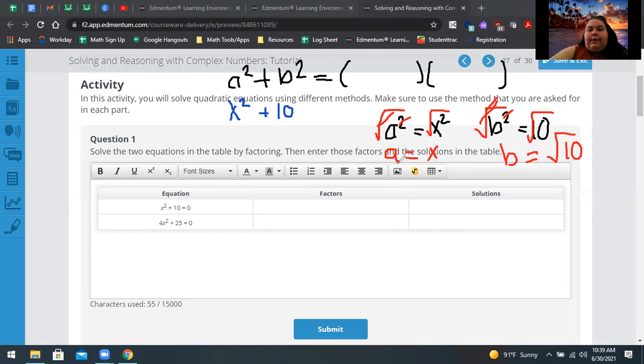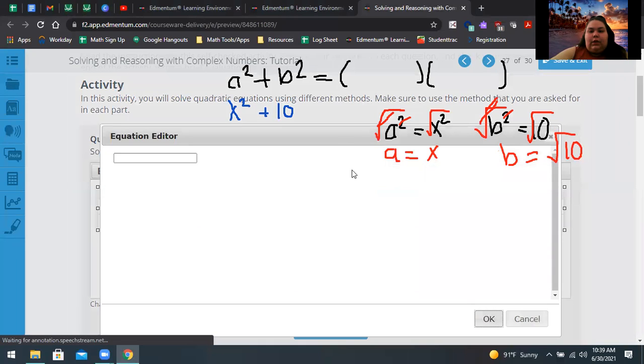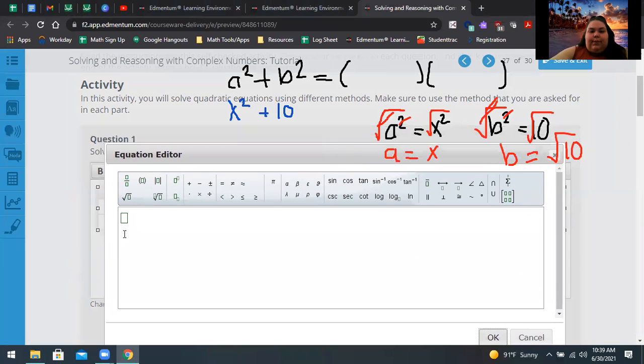So now knowing my information for a and b, I'm going to type out my factors using the setup that we have up here. I know I didn't fill it in, but you should be able to fill it in, and you're going to type it right here. Actually, we'll type it using the equation editor because we have that square root button. Using the equation editor button, you have two sets of parentheses.